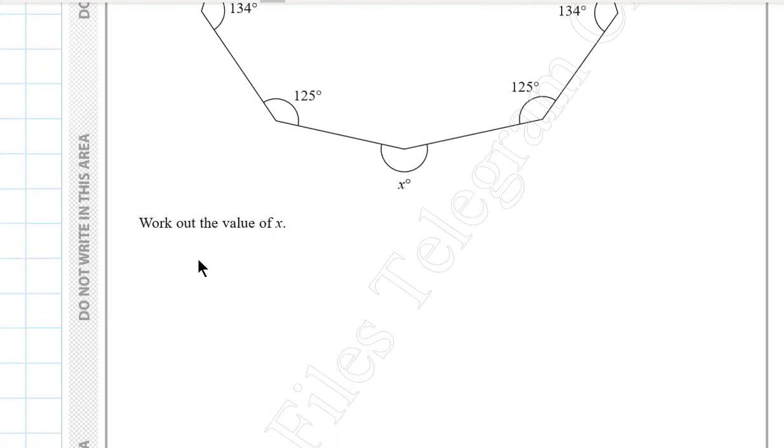First of all, the sum of interior angles should be n minus 2, which is 10 minus 2, number of sides minus 2, times 180, which is 1440 degrees.